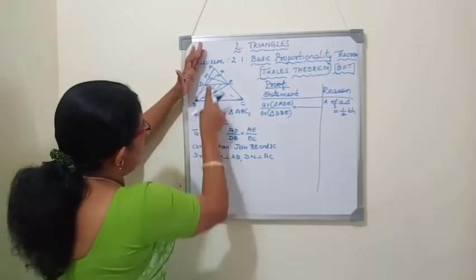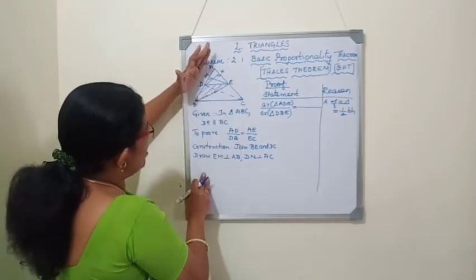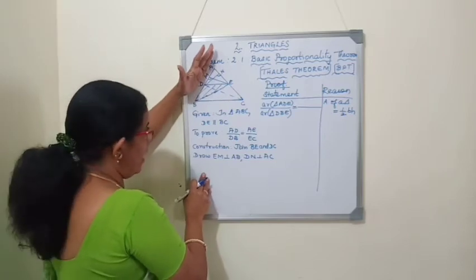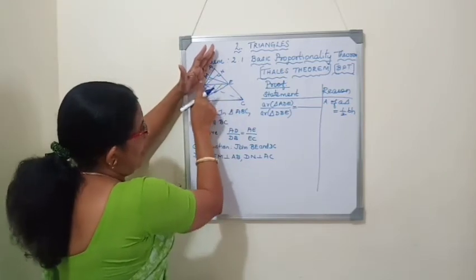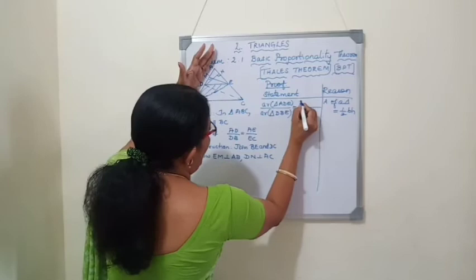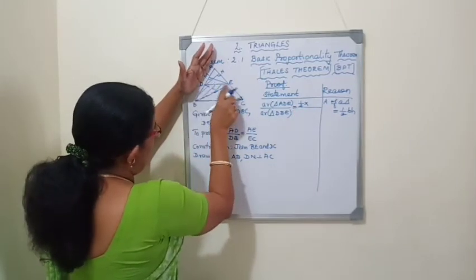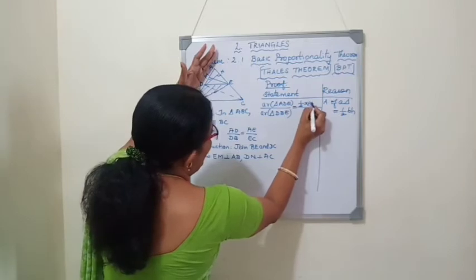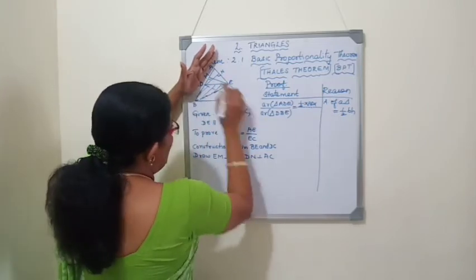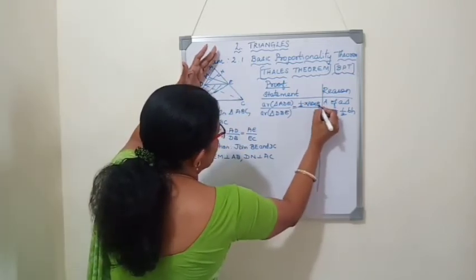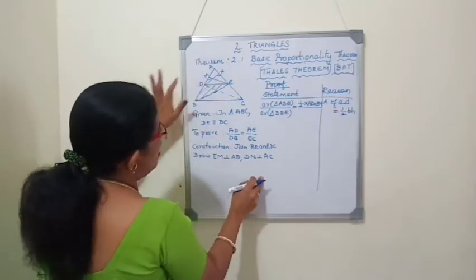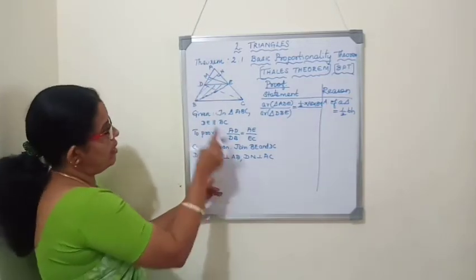So in triangle ADE, we consider the base as AD and the height as EM. We write half into base AD and height EM. Why is it height? Because that is the perpendicular line. The perpendicular line will be considered as the height.